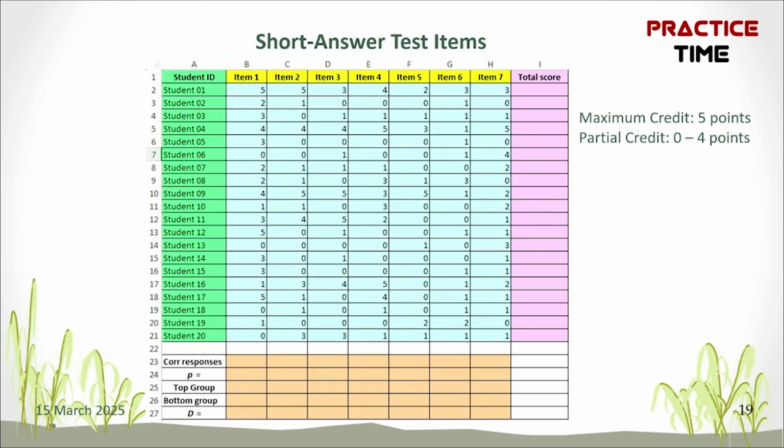It must be 20 times the maximum number of points for that test item, which is 5. If your short answers have different maximum points for different questions, then you have to change this number accordingly. Let's say your next short answer is 7 points. It will be 7. So this is not fixed, it depends on that particular test item only. That's important.